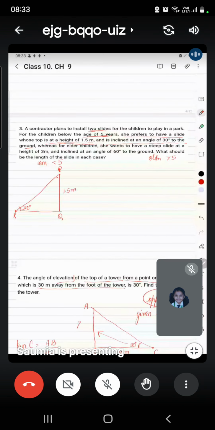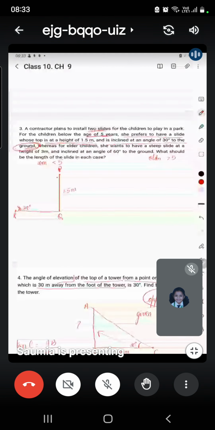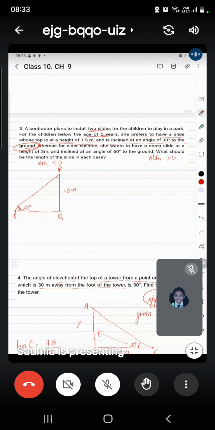Don't take this as 30 degrees. It is written 30 degrees with the ground. So when you're coming down, you're making an angle of 30 degrees with the ground. Is that clear to everyone? Okay. So this is the slide of the younger children.